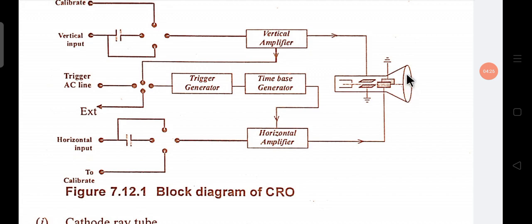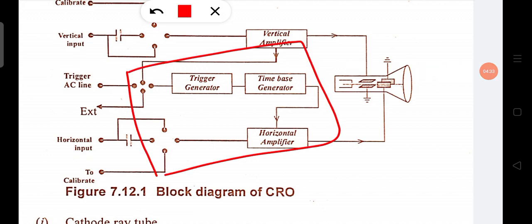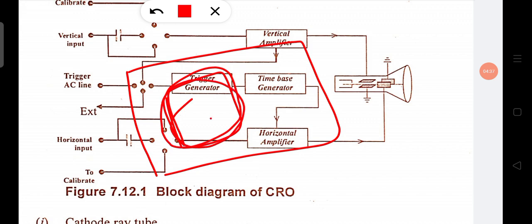This graphical representation screen is this. So this is the fluorescent screen, and the electron beam is generated from this cathode.